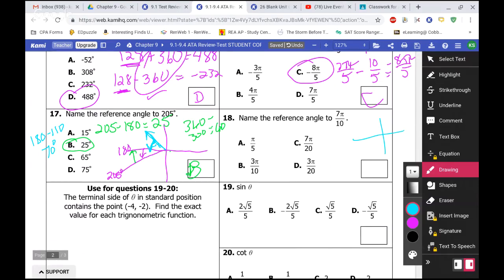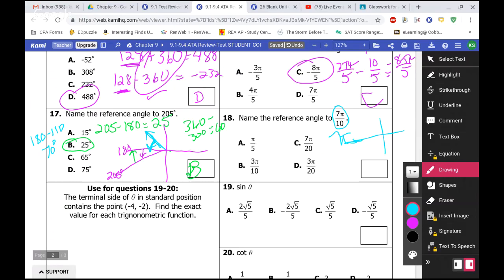For me, I'm weird and I've grasped radians, but this measurement right here would be 10 pi over 10. I haven't quite made it to the 180 mark or the pi mark. It's going to be somewhere over in here.